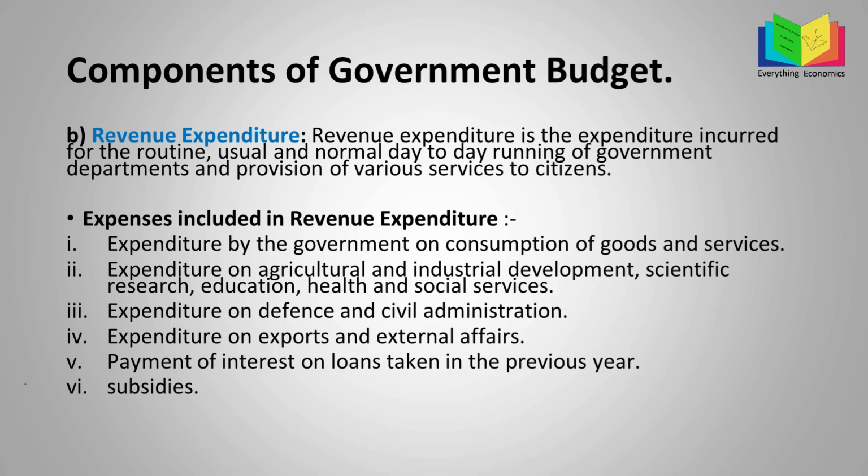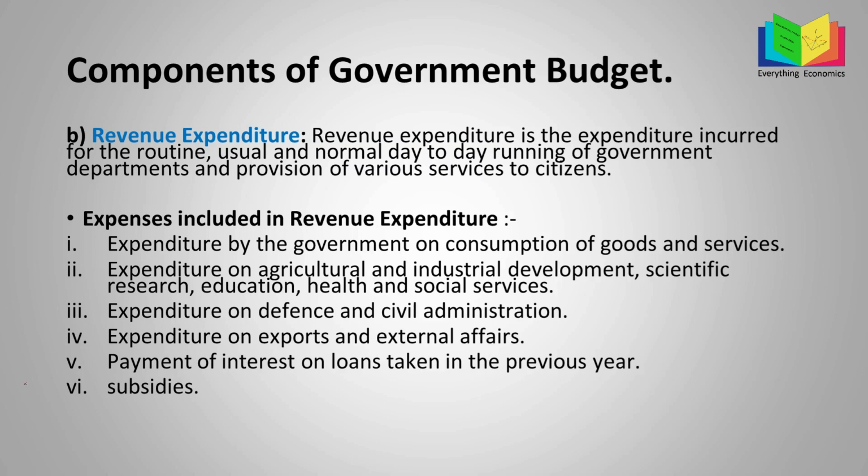So for example, if there is a social security department or national identity card department, and they are providing services to the general public, they will have running expenses like electricity, wages and salaries. Those are the expenditures that the government has to pay. So those are running expenses, normal, usual, day-to-day expenses that are required.